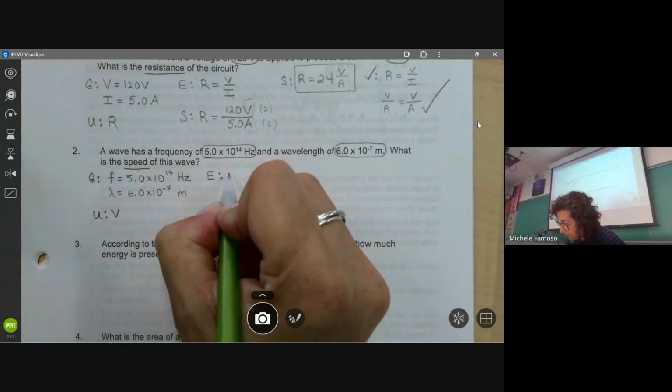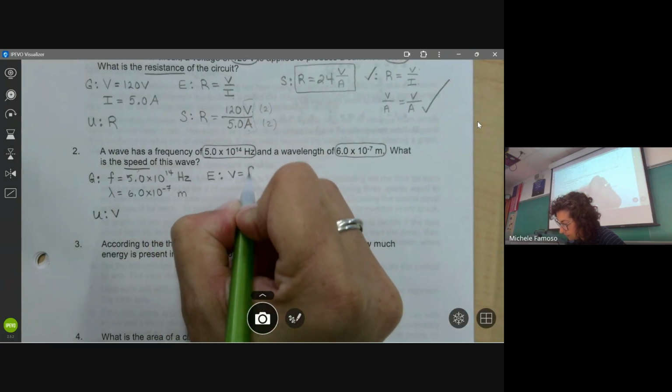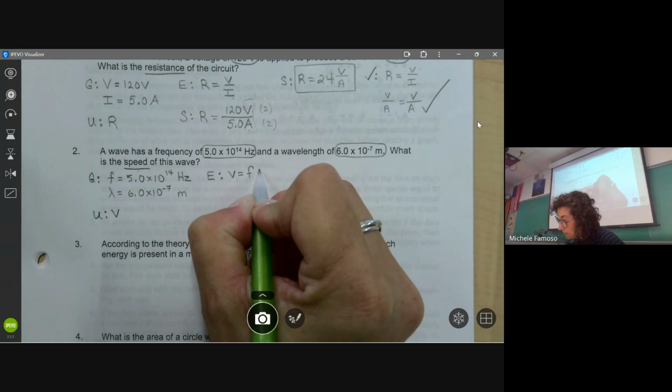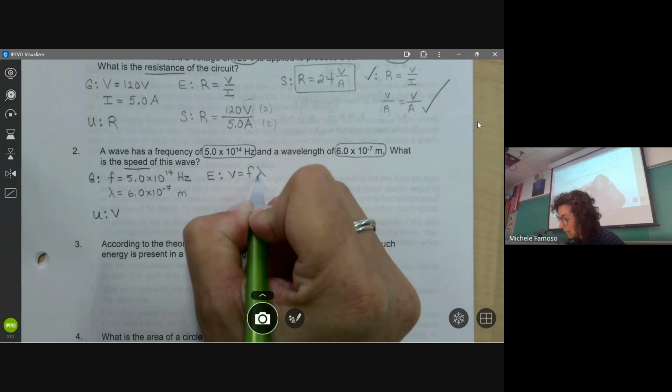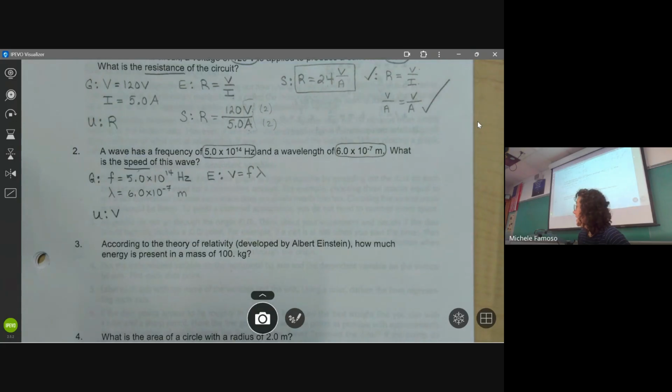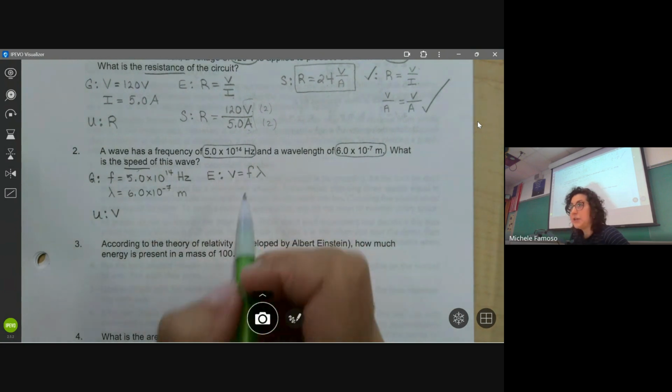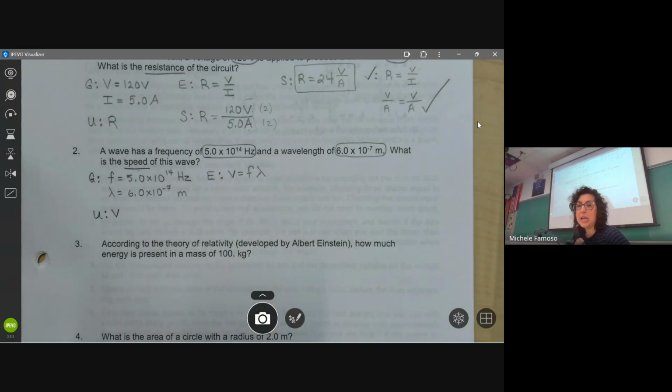What is it? V equals F and wavelength. Yep, lambda. Lamb, like the animal, and then da. Lambda. DA at the end. Okay, we have to ask ourselves, is the V isolated in this equation? Yep, no algebra to do. Yay.